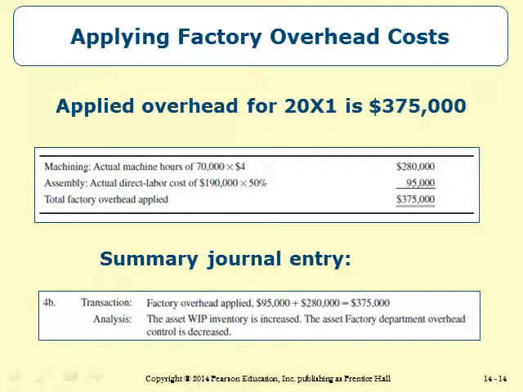And so using these rates, we apply the overhead for 20x1 for that year, which ends up being $375,000. We see the calculation as the actual machine hours of 70,000 times the $4 per hour rate, and then the assembly overhead being applied as the actual direct labor cost of $190,000 times the 50% rate, to get to a total factory overhead applied of $375,000.